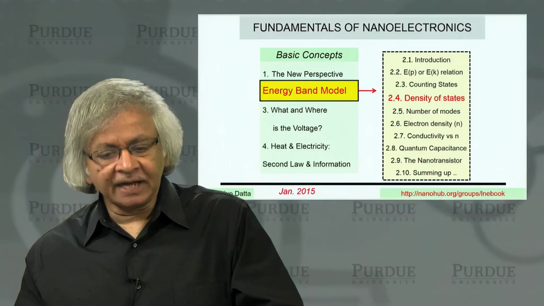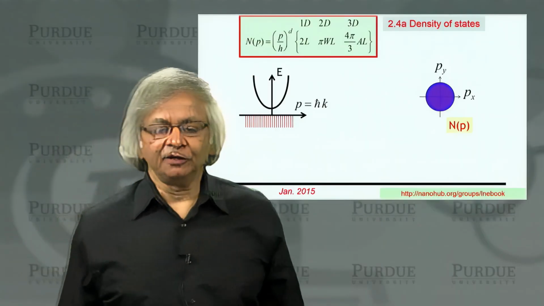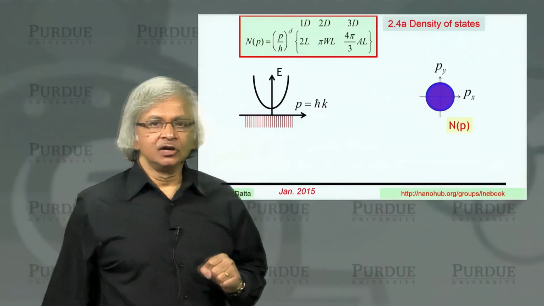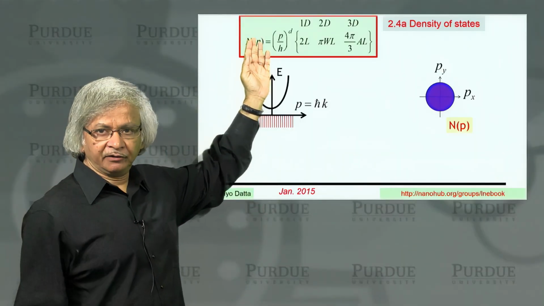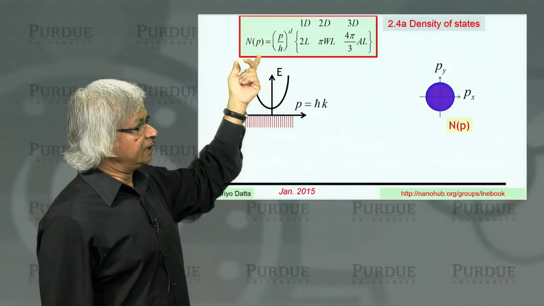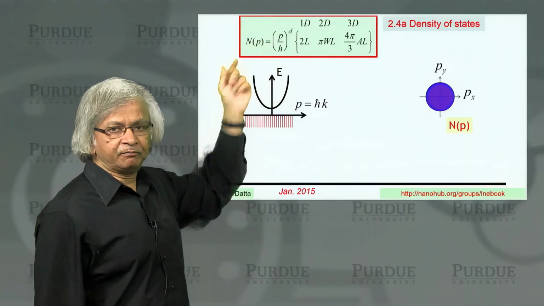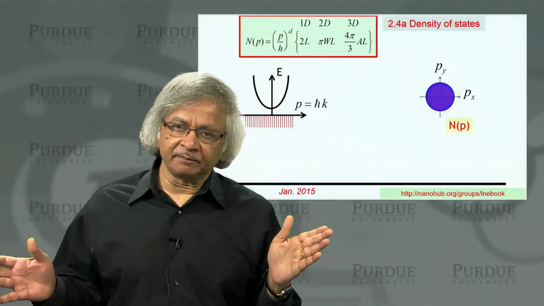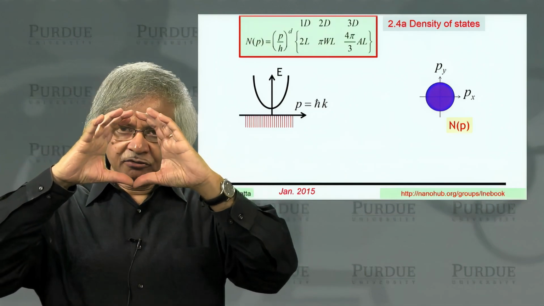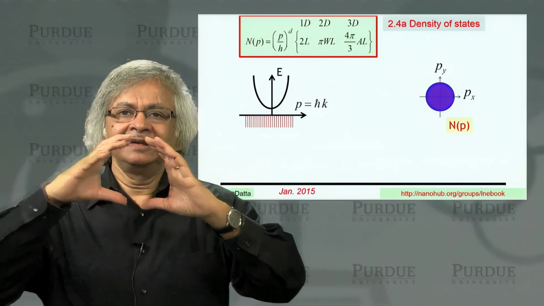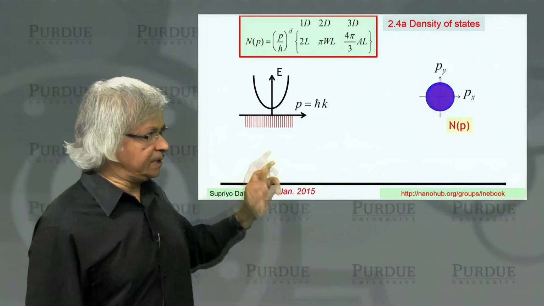Now what we did in the last lecture is we discussed this rule for counting states, using this periodic boundary condition, and obtained this function called n of p. What does n of p represent? Well, it tells you how many states are allowed which have a momentum less than p.